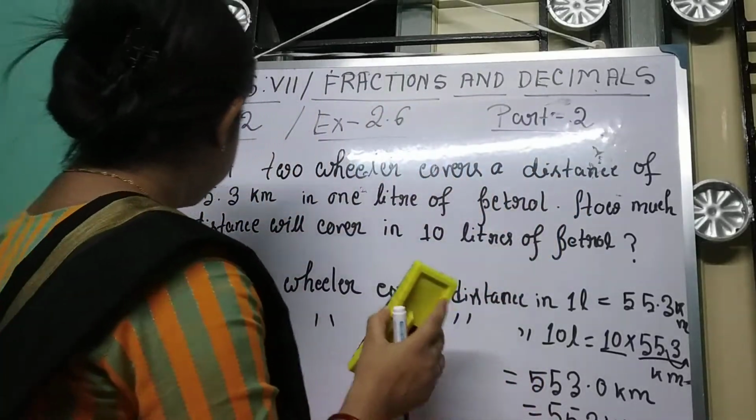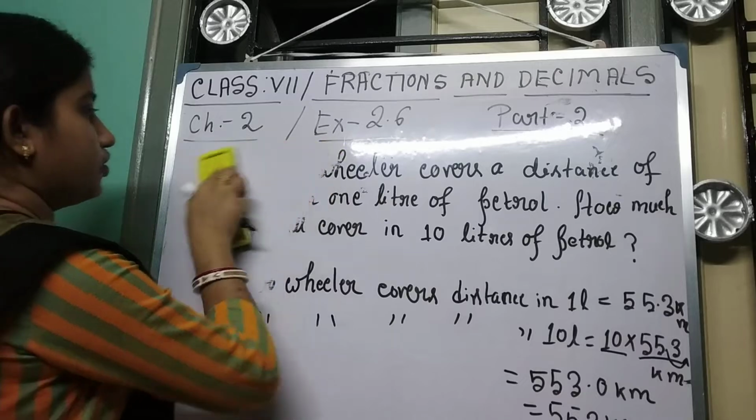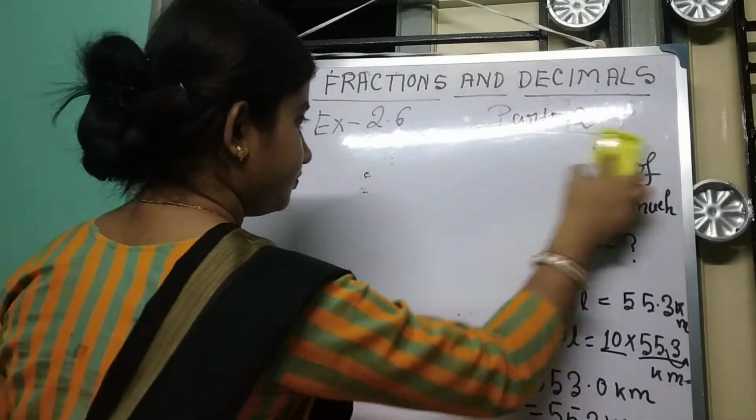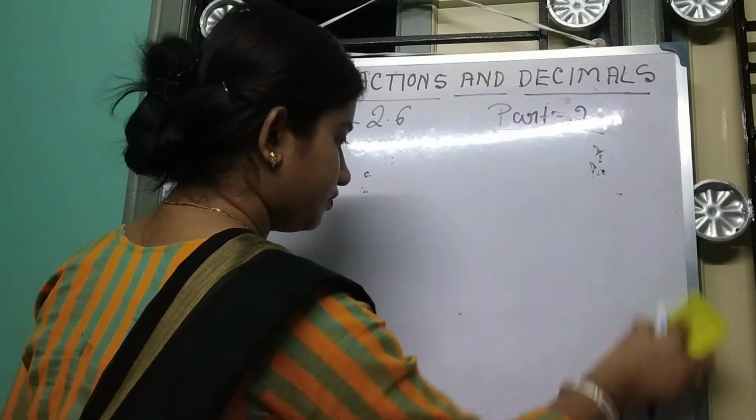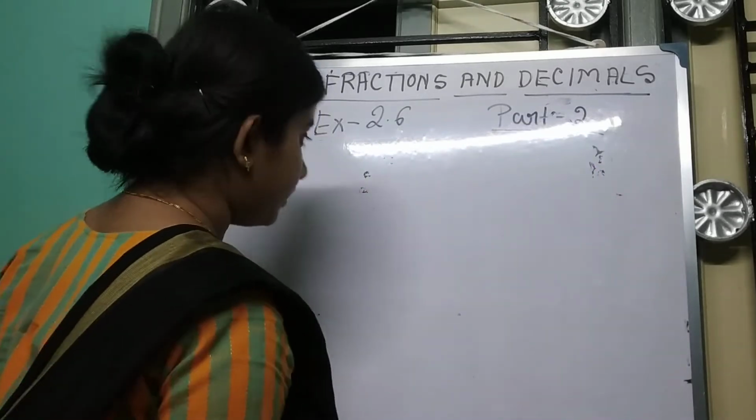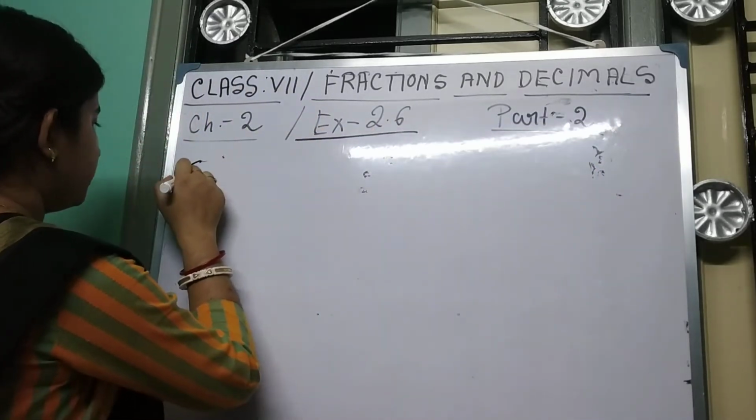Now next, question number 5. Now we find some multiplications.